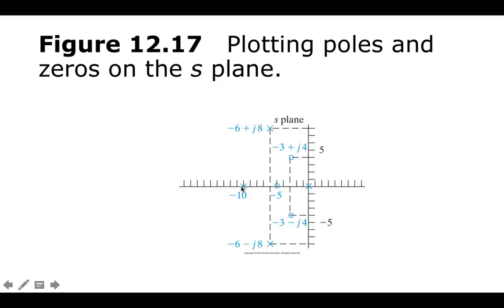We have a single real pole at -10; the X represents a pole. We have a pole at 0. We have a pole at -6 plus j8, and its conjugate at -6 minus j8 also shows up.